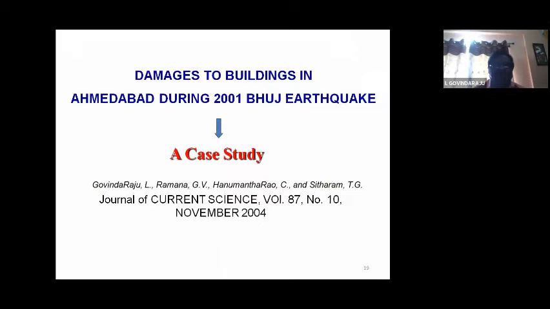And then finally, they submitted one report to the government. At the same time, all these damages are documented in one concise report in the Earthquake Engineering Research Institute, and I will give that reference also. You can access that information, and you can get more knowledge for your further analysis.